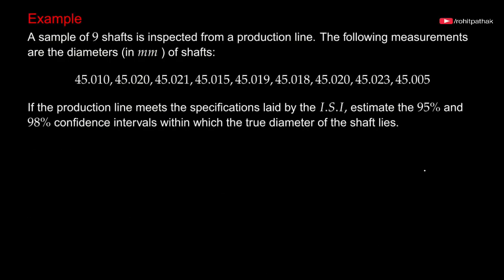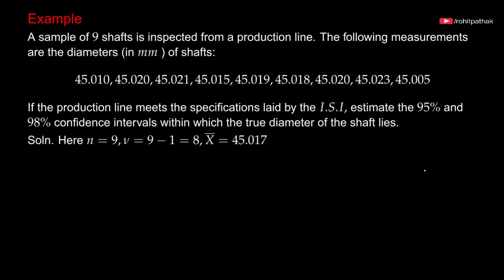Take another example. A sample of 9 shafts is inspected from a production line. The following measurements are the diameters in millimeters of the shafts. If the production line meets the specification laid by ISI, estimate the 95% and 98% confidence intervals within which the true diameter of the shaft lies.